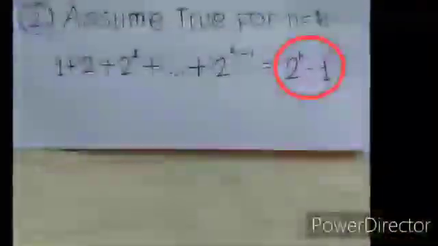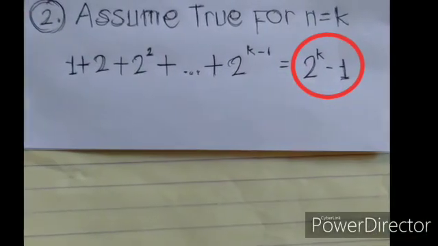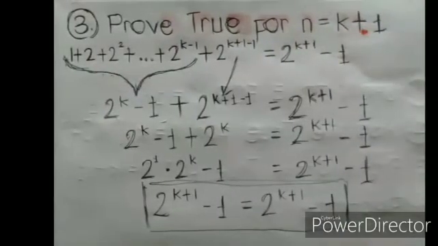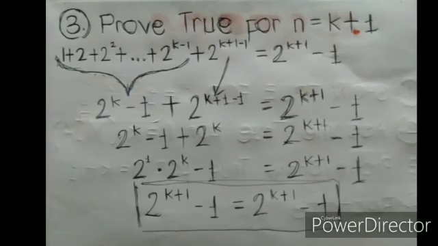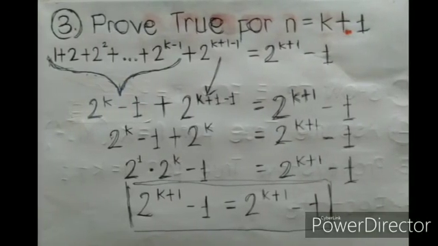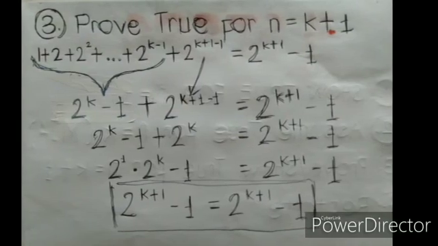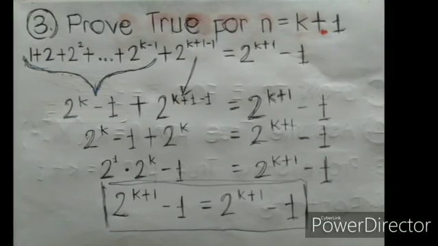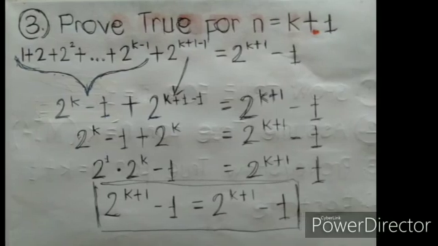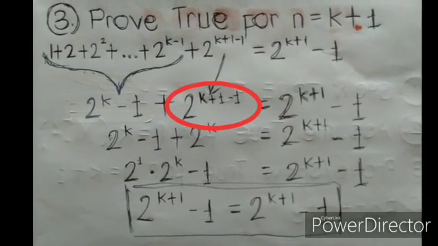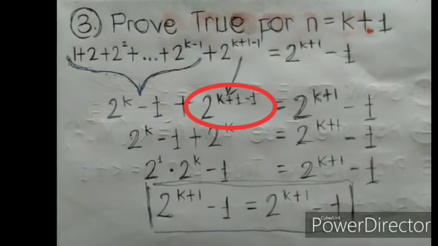As you can see, we got 2 to the power of k minus 1 here in the second step. Going back, after substituting the value, we're going to bring down the term that we added before in the equation, which is 2 to the power of k plus 1 minus 1.